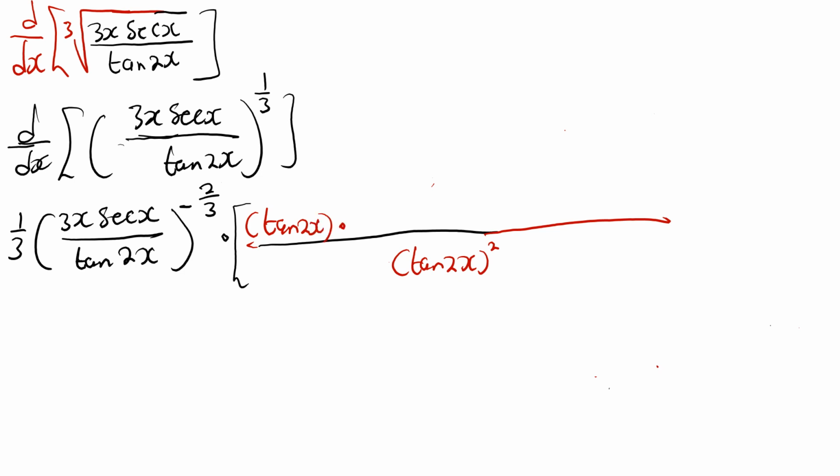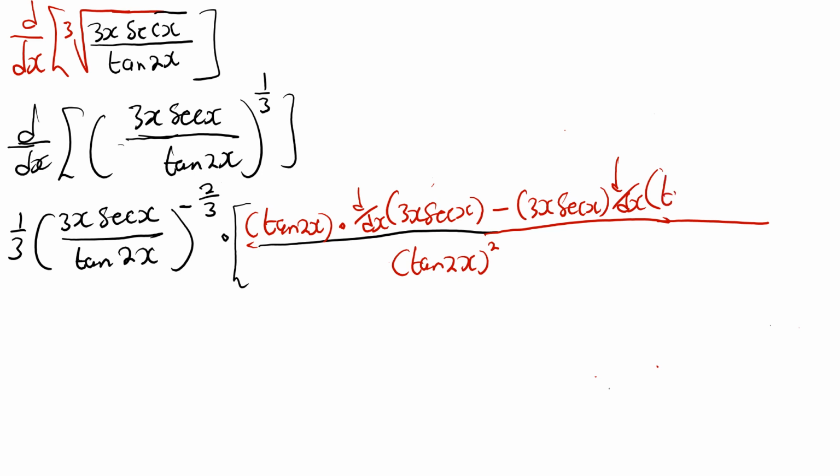And then you multiply with the derivative of what we have on the numerator, which is 3x sec x, minus, we keep our numerator 3x sec x, then we differentiate what we have on the denominator, which is tan 2x.